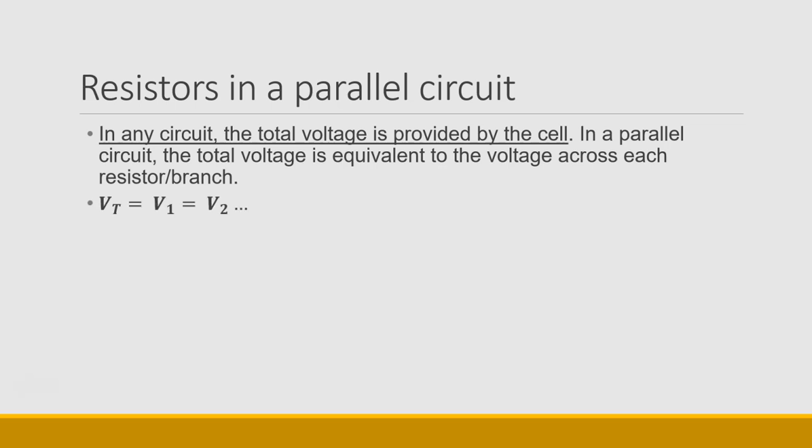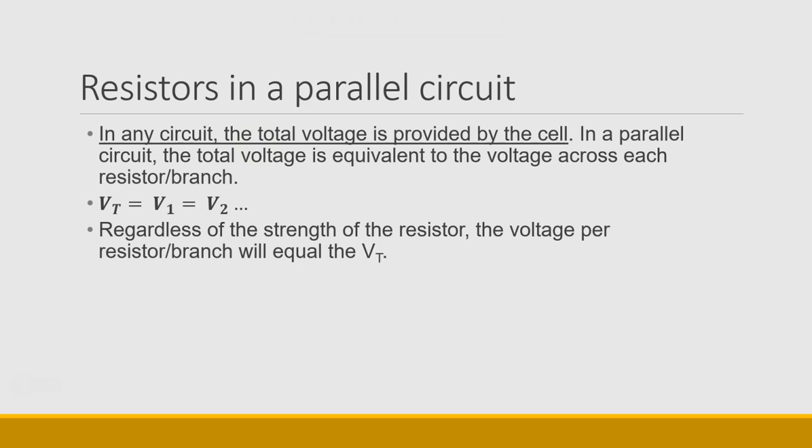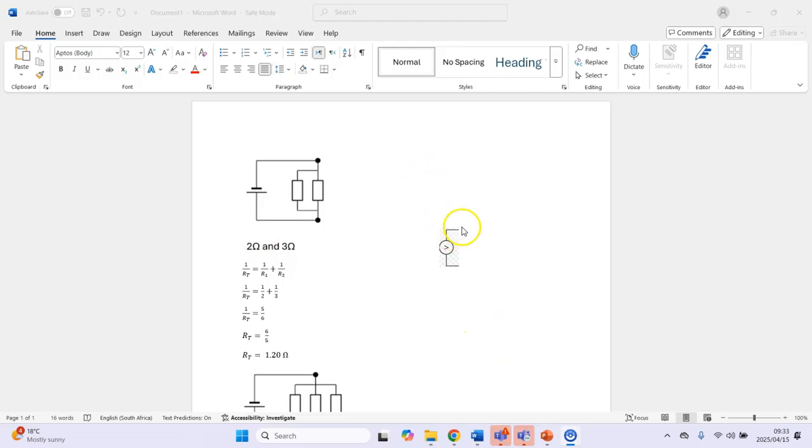The implication here is that the total voltage is equal to the voltage across each branch. Regardless of the strength of the resistor, the voltage across the resistor or across the branch where that resistor exists will be equal to the total voltage. Here I have a voltmeter.